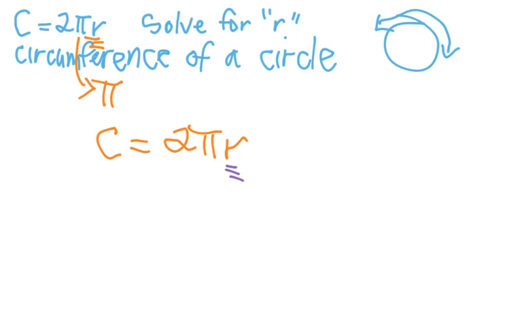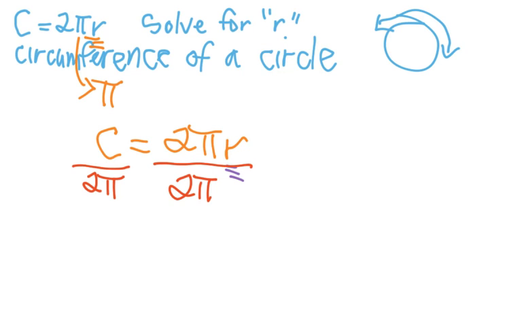So in order for me to undo multiplication, I'm going to divide. And I am going to divide the whole right-hand side by 2 pi, because I can do that. And that means if I divide the right side by 2 pi, I have to divide the left side by 2 pi.